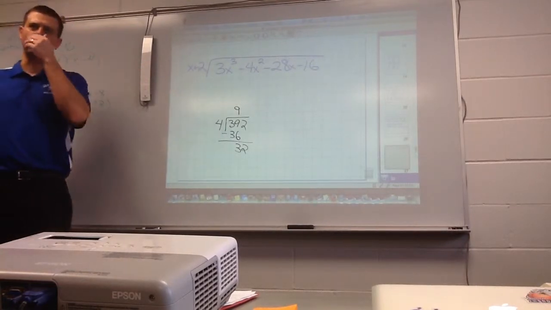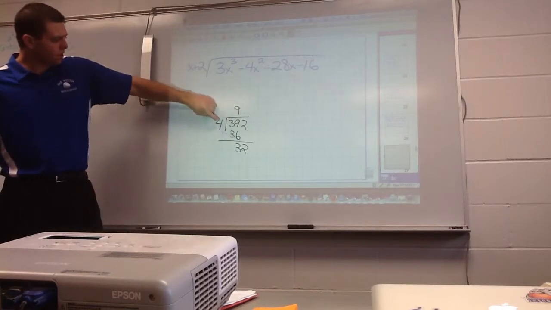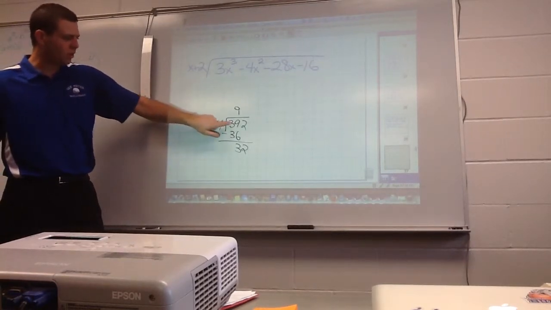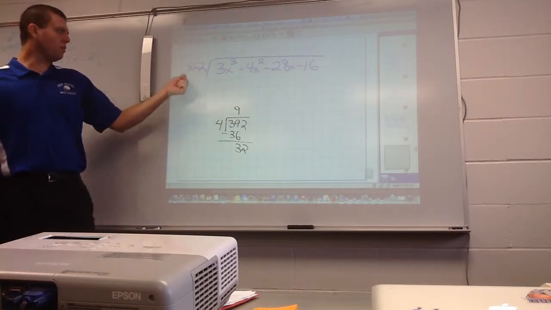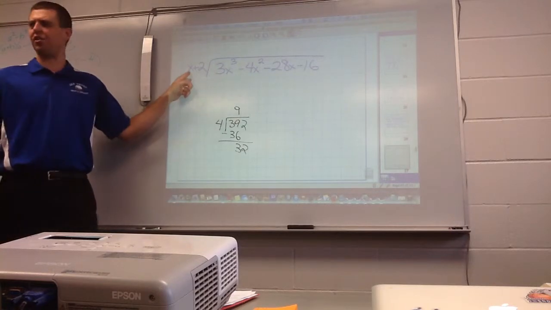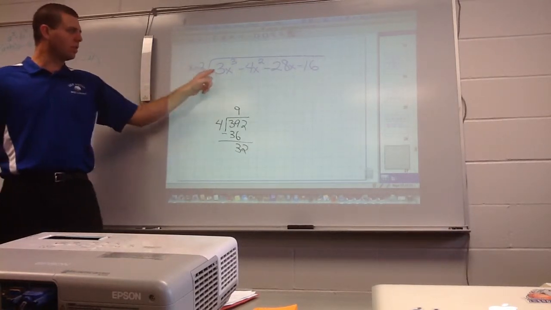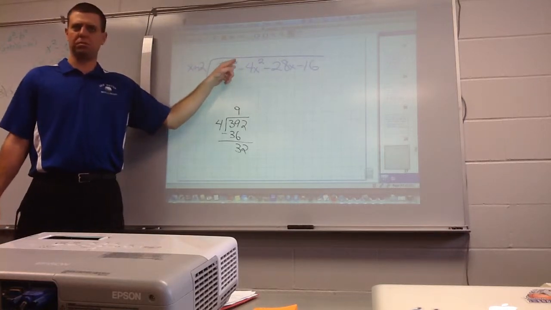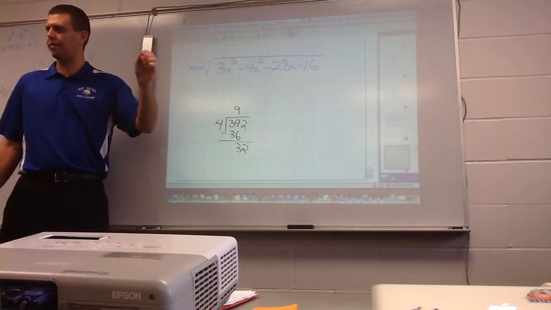Here's how it works with polynomials. So, like here, when I said, how many times does 4 go into 3 or 4 go into 39? Up here, you don't need to think how many times x plus 2 goes into this. You actually just need to think about the x. How many times does x go into 3x cubed? 3x squared.